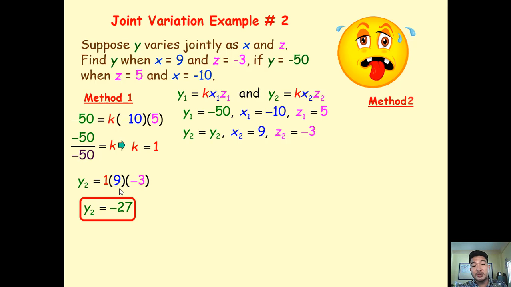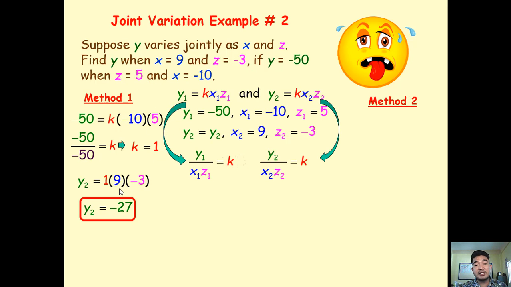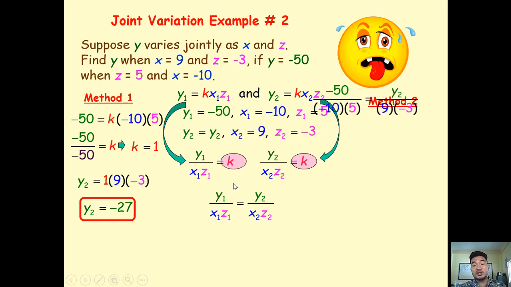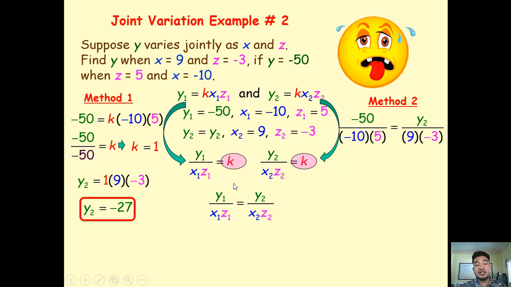But if you want to use method 2, we will have two equations equated to k, and then we equate those two expressions. Then substitute the values that you have, and then cross-multiply. As you cross-multiply, you will have negative 50 y sub 2 equals 1,350.